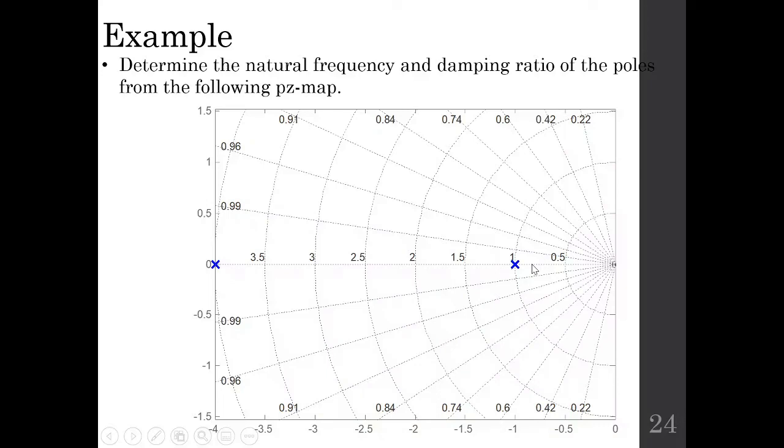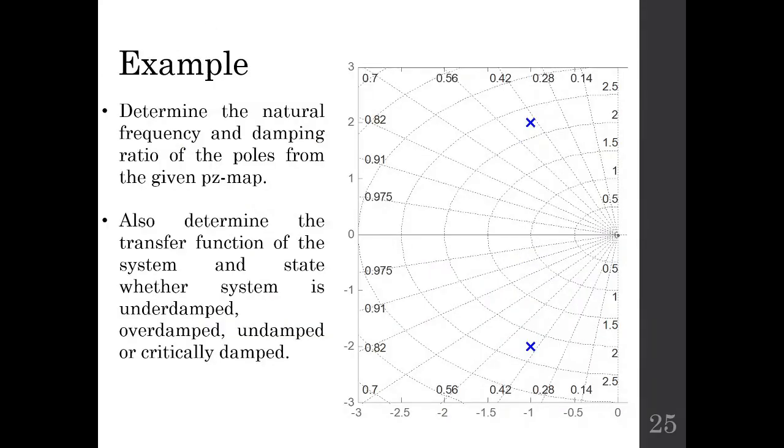Then you have another example. You need to solve this by yourself and find the value of omega n and zeta from this graph. And here you have another example. I think it is quite easy to find the value of omega n and zeta from this graph.